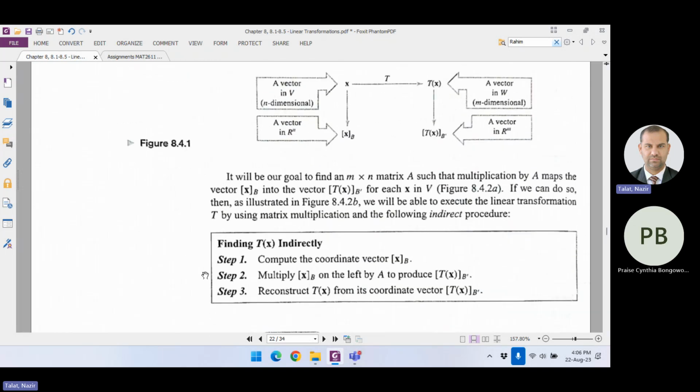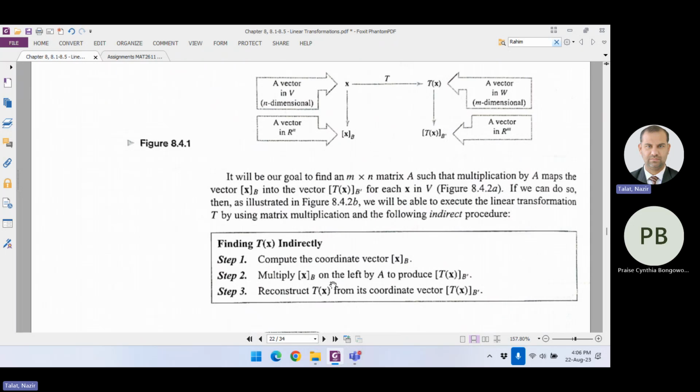For this, if we have any finite dimensional vector spaces V and W, and T is a linear transformation, then there are some steps to find Tx. For example, compute the coordinate vector of x from the basis set B, and then we multiply it on the left by A to produce Tx.